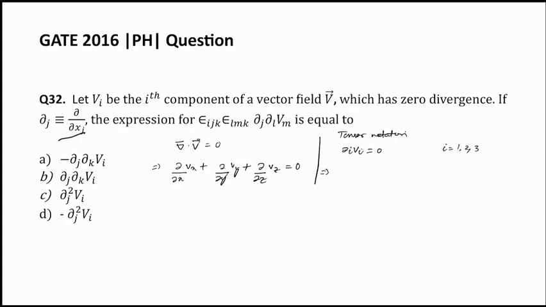So we just expand this. It will be running over this i, so it will become del 1 V1 plus del 2 V2 plus del 3 V3 is equal to 0.